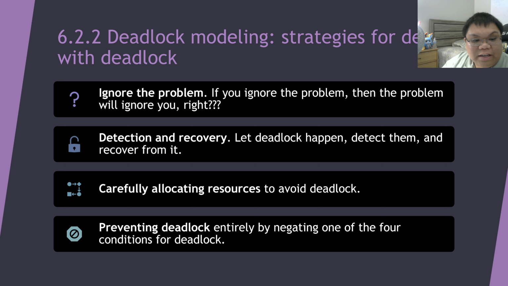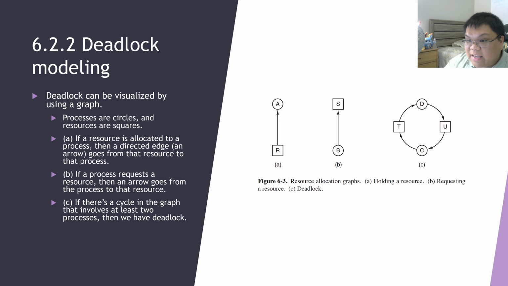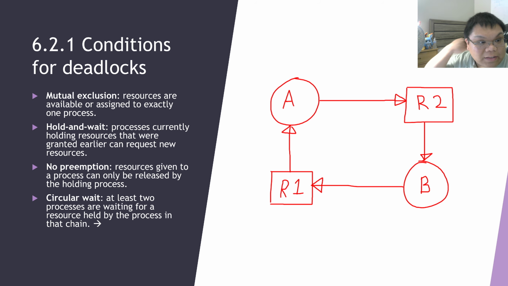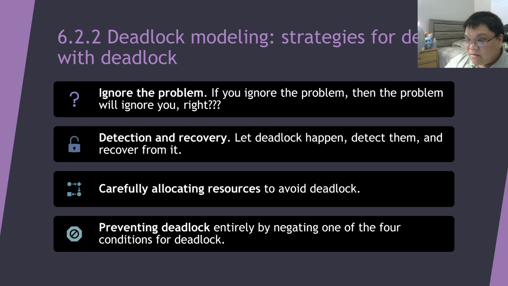And the last strategy is to look at these 4 conditions for deadlock and see whether any one of them can be negated. Because, again, there are 4 conditions to deadlock, and if we eliminate even just one, we have eliminated deadlock.